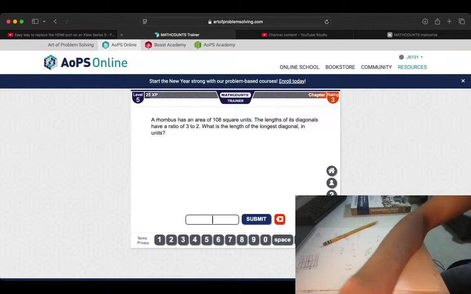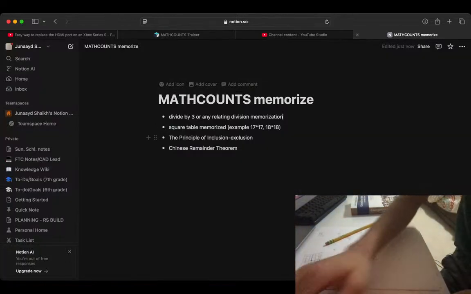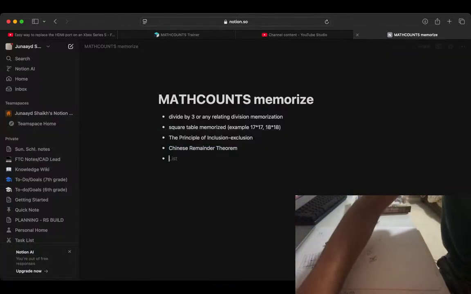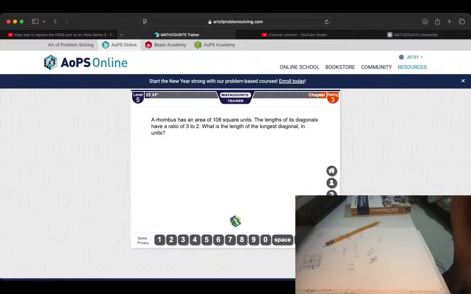I haven't worked with rhombuses. Parallelograms. I didn't have a good teacher last year. I wasn't taught any of this. We were only taught how to do functions for like the whole semester, and then even led into the next one.